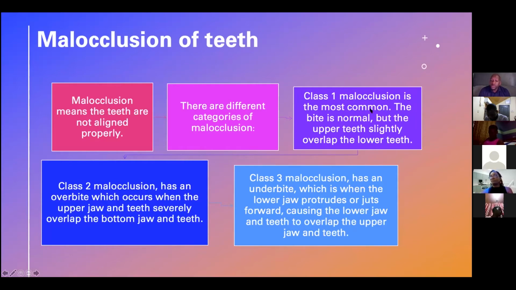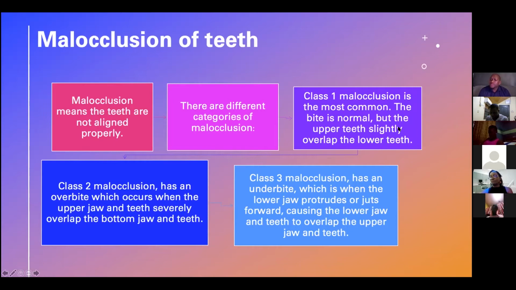There is class 1, class 2, and class 3. I put this slide on here to just give you a basic understanding of class 1, class 2, and class 3, but I'm going to go into more in-depth, more technical detail of what they are. So let's say, for example, class 1 malocclusion is the most common.